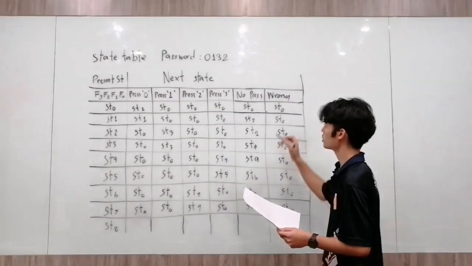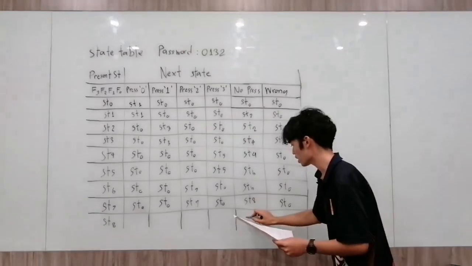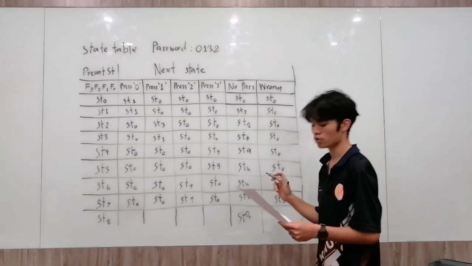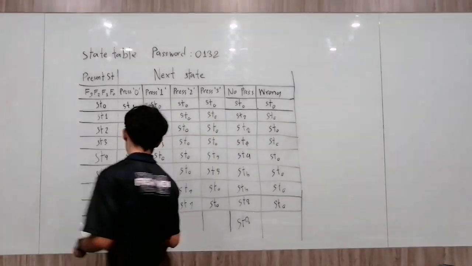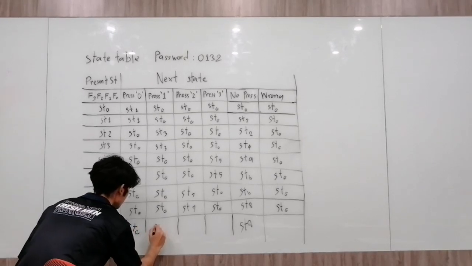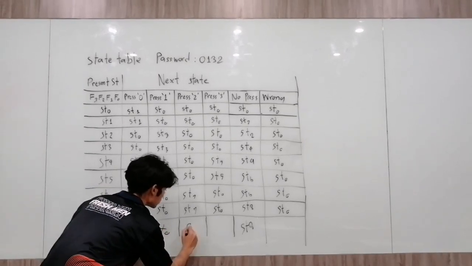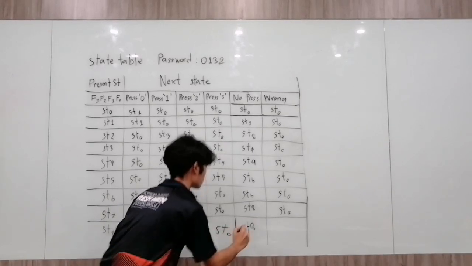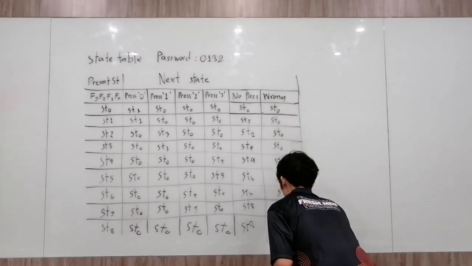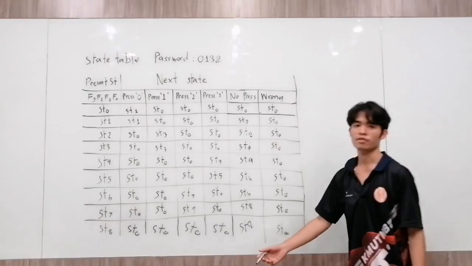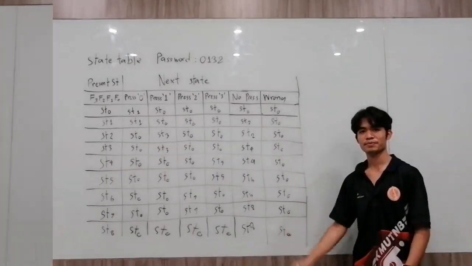When you didn't press anything, it's still in state 8, and when you press any button, it goes to state 0 to reset the circuit. That's all of the state table.